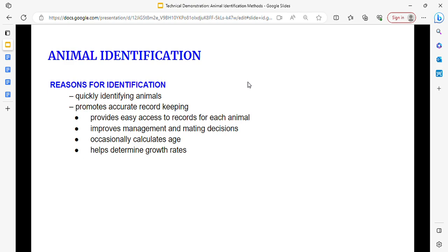Proper animal identification will let you keep accurate records and tell all that. It improves management. Oops, I already said that. It also calculates age, and it helps to determine growth rates.